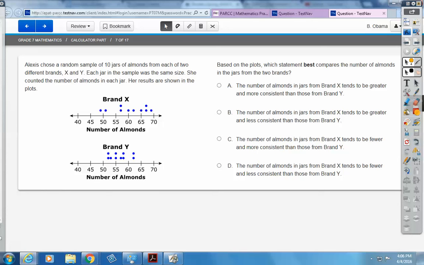So let's see if I may have missed it. Number of almonds in jar tends to be greater. Okay, so number of brand X tends to be greater, but less consistent. I would have to go with this one, because we tend to get more from brand X, but it is not nearly as consistent.